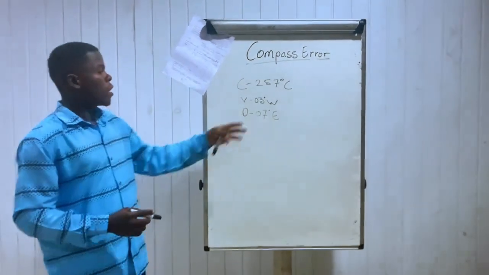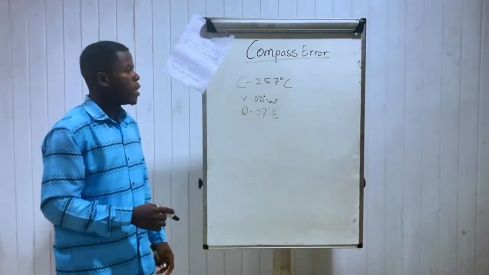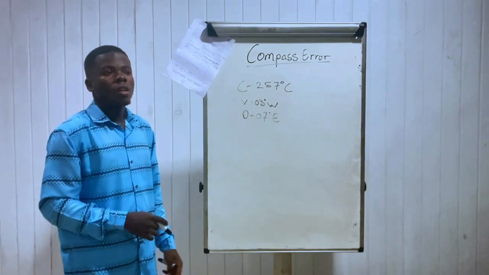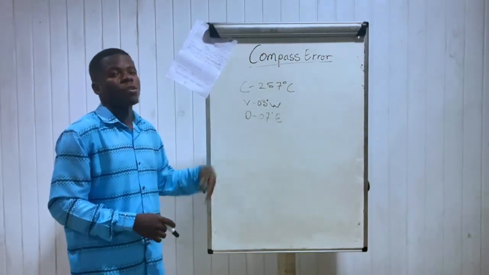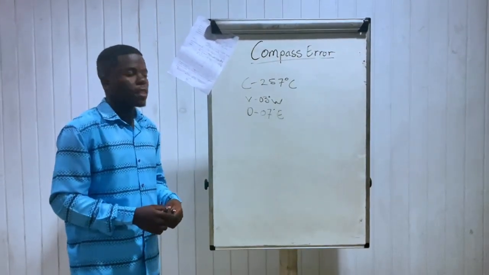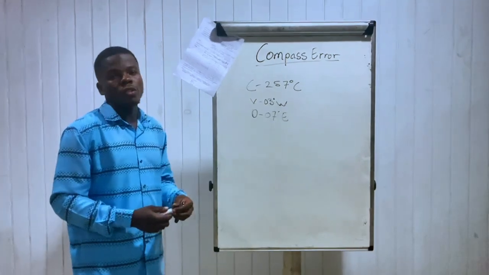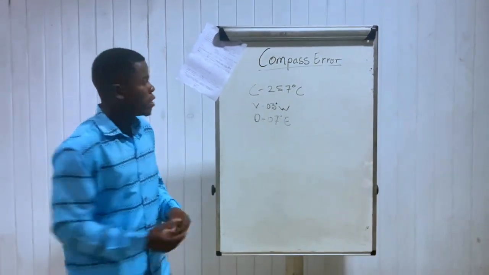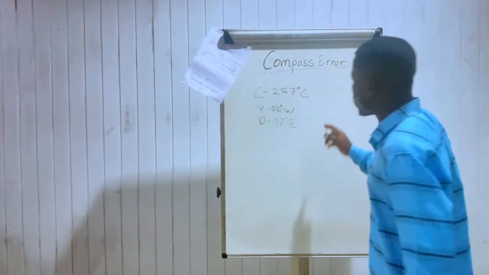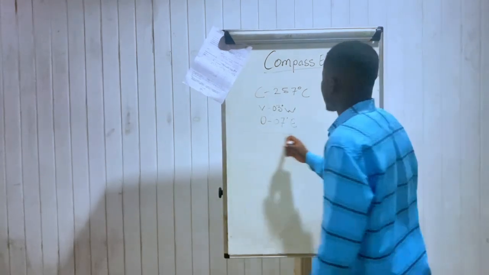Okay, and you are told to calculate for your true and your magnetic. All right, so this is how you go by it.